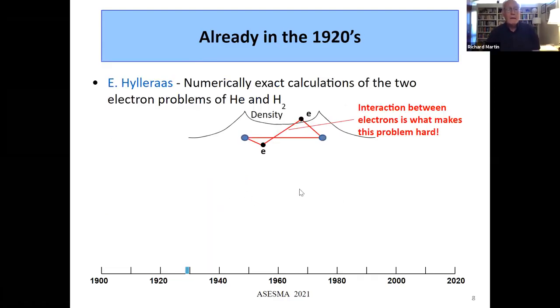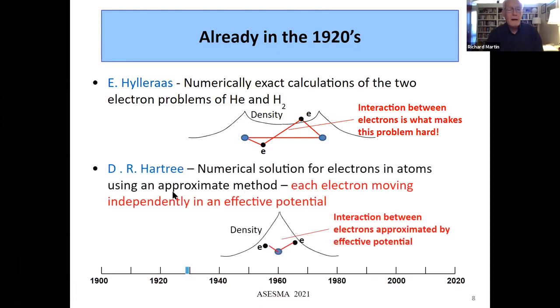In the 20s, it's really impressive that there was a calculation by Hylleraas, essentially exact, numerically almost exact, for 2 electron problems like helium and hydrogen. This is a difficult problem because of the interaction between the electrons, and we'll say more about that later.